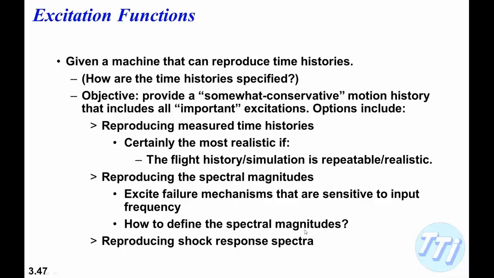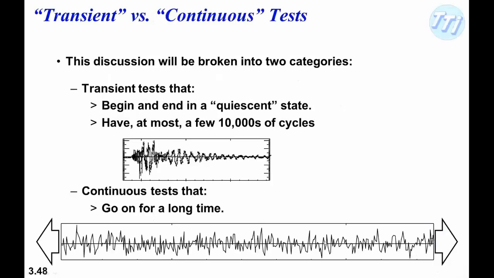And how do we define the spectral magnitudes? The other possibility is reproducing shock spectra. So, the question here is, is our test transient or continuous?